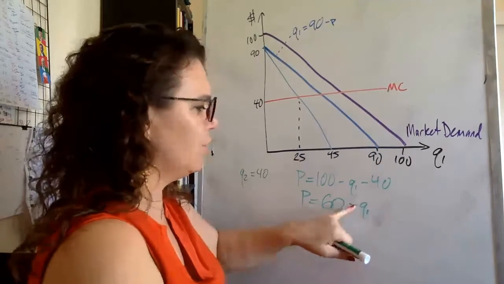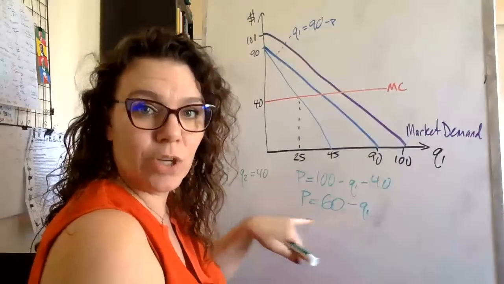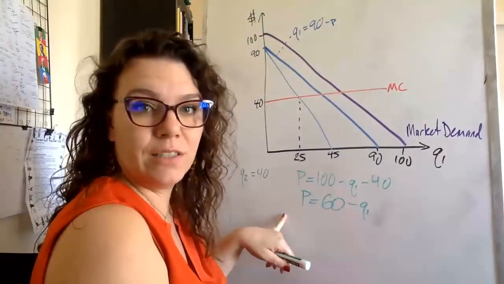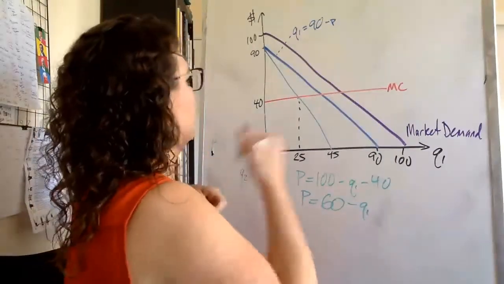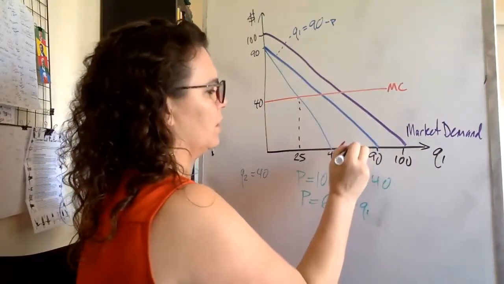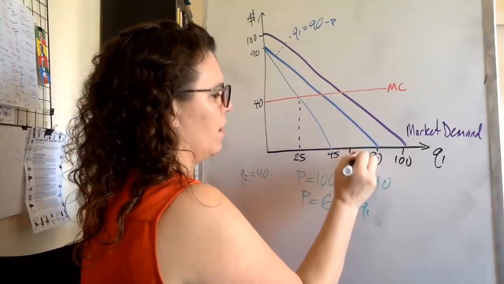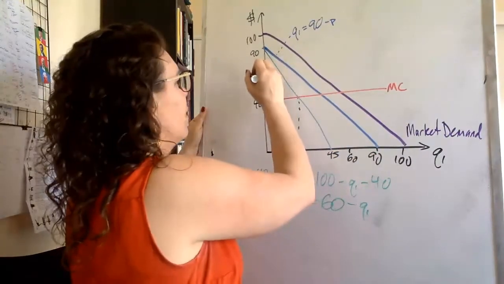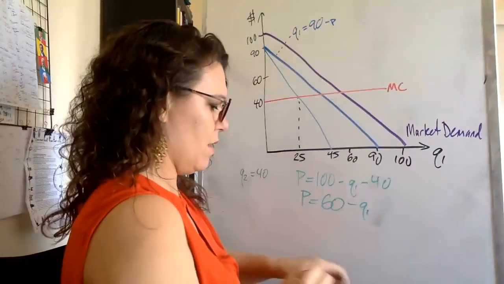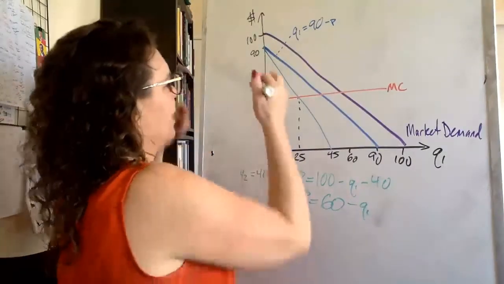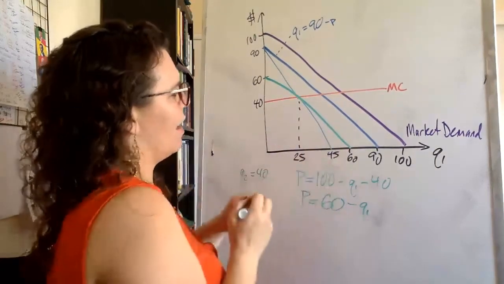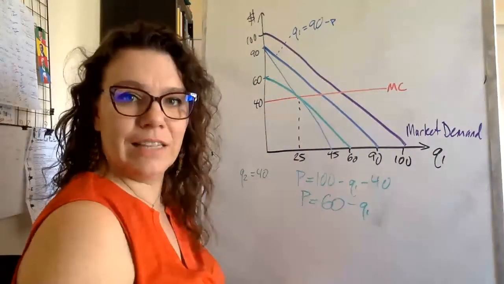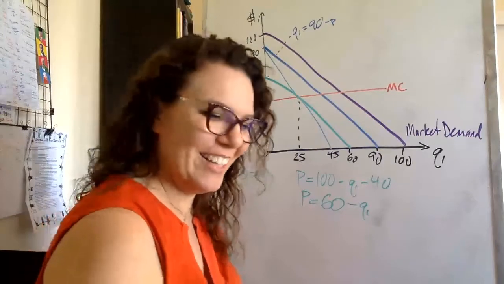That's a function of what would happen if I set Q to 0 and solve for P, or if I set P to 0 and solve for Q. Either way, I'm going to get 60. So let's find where that would go, somewhere about there and there. I'll graph that demand curve. It's going to get nice and crowded in here. And that is not the cutest, but we're going to just let it ride.